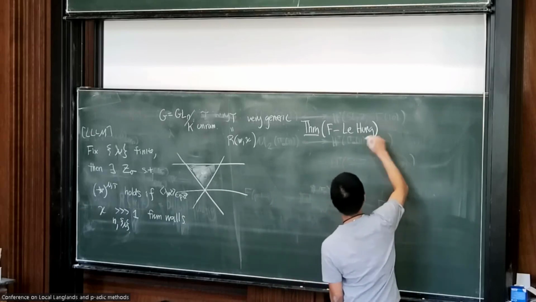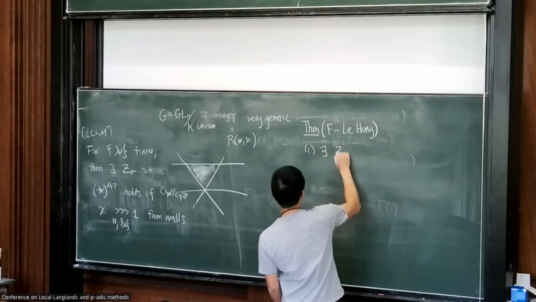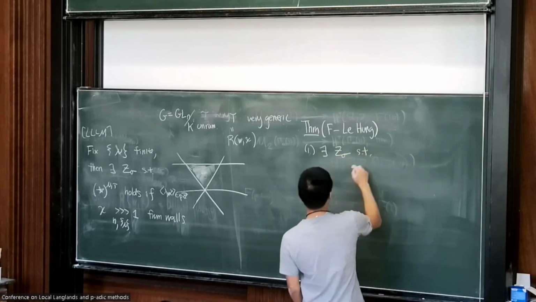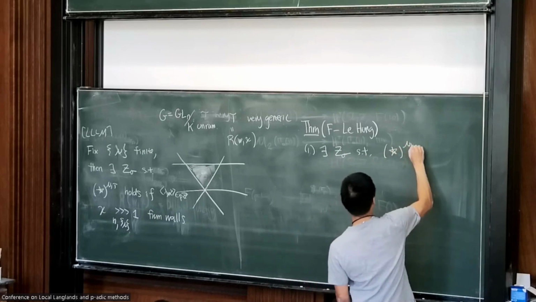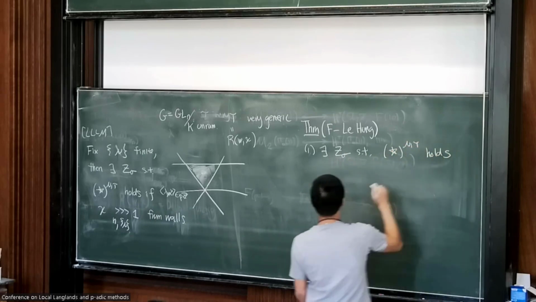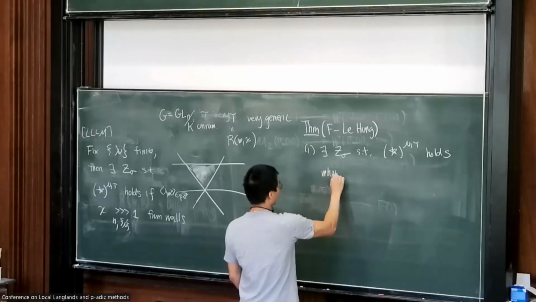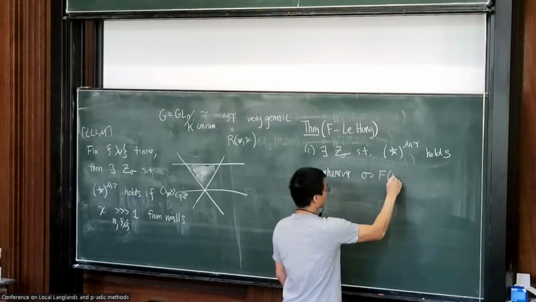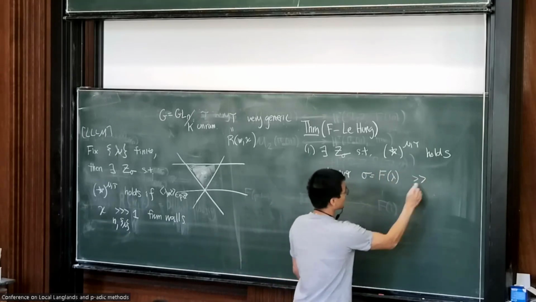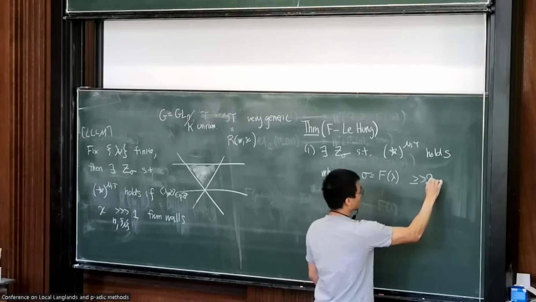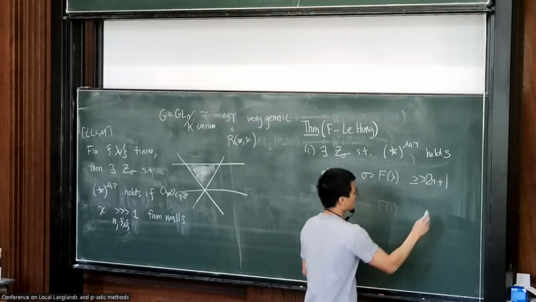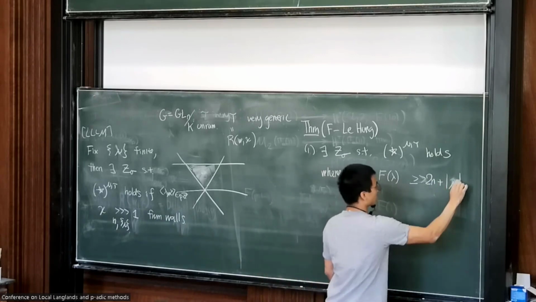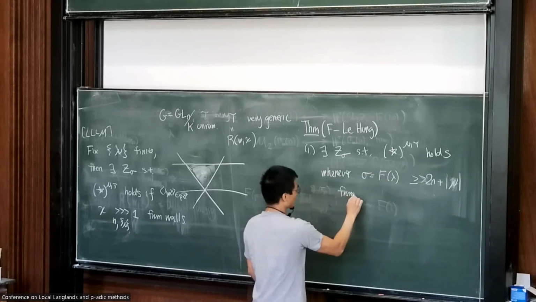So the new theorem that we're working on with Bao gives a more effective result. It shows that, first of all, there exist these Breuil-Mezard cycles such that the equation will hold whenever sigma, which is f of lambda, is at least 2n plus the size of mu from the walls.